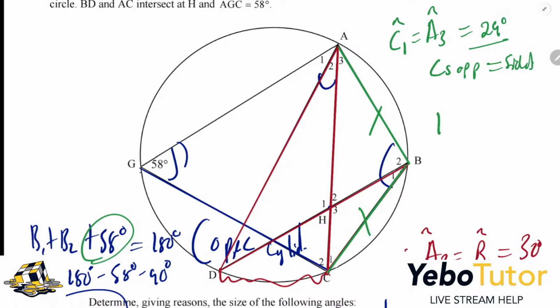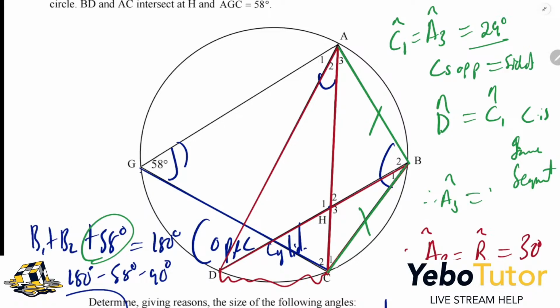Then from that, we can see that angle D will be equal to angle C1. Why? Because these are angles in the same segment. Then we know that A3 is equal to D, and they are all equal to 29 degrees. So we can conclude that AB is a tangent.